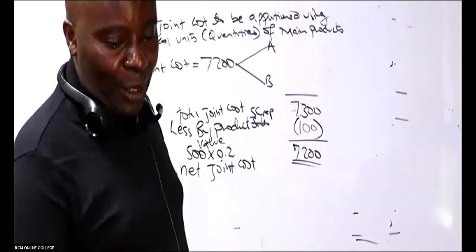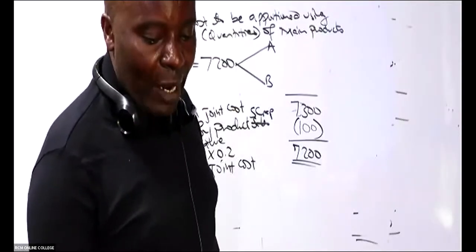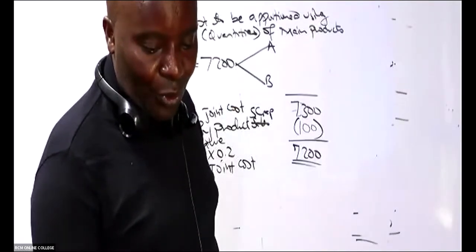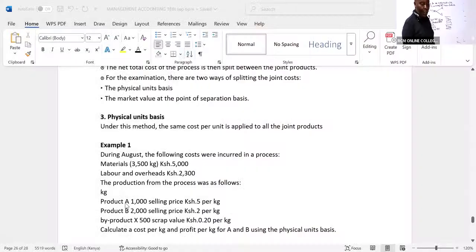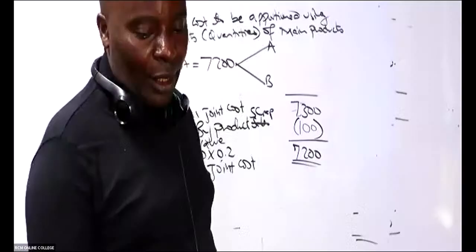And for these two main products, A and B, do we have their physical units? Yes. On the physical units basis, product A is 1,000 kilograms and B is 2,000 kilograms.